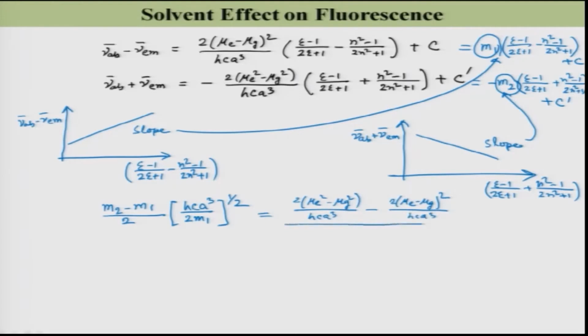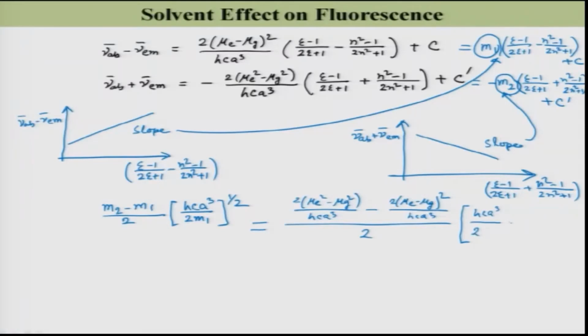That whole thing is divided by 2, and then I have this quantity, HCA cube divided by twice m1.